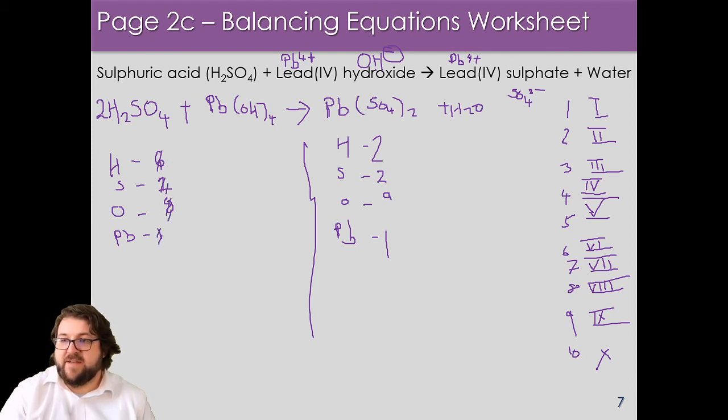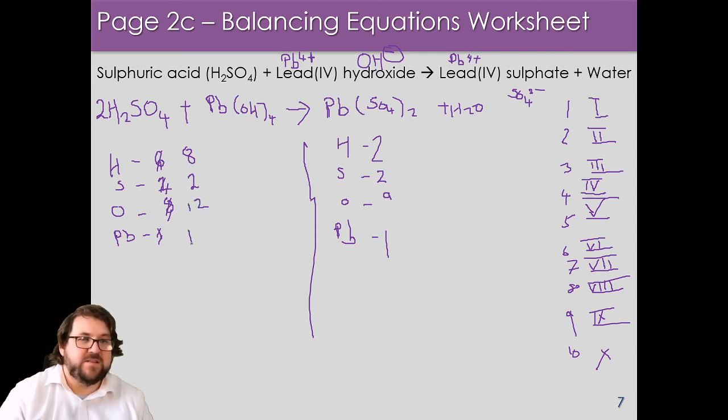So hydrogen, I've now got 2 lots of H2 is 4, plus the 4 OHs there, gives me 8 in total. Sulfurs, I've got 2 from the 2 H2SO4s. Oxygen, I've now got 2 lots of 4 and 4 lots of 1, so that's 8 and another 4 is 12.